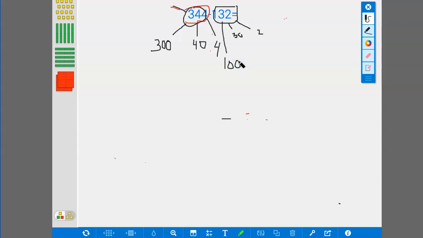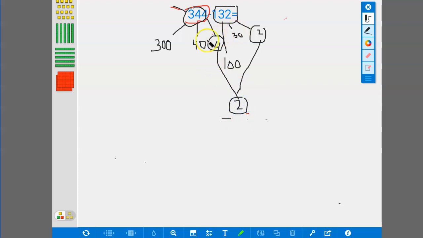So first, I'm going to take the 4 and the 2. Here, I'll circle it so you can see it. Here's 4, and here's 2. 4 take away 2 is 2.